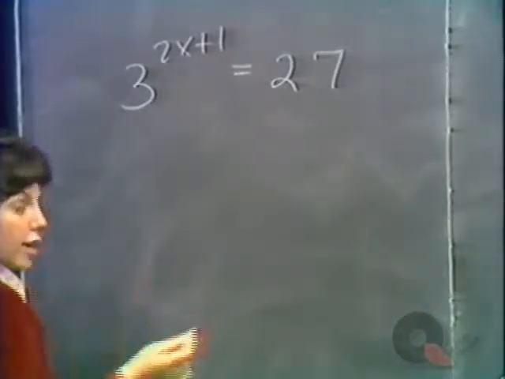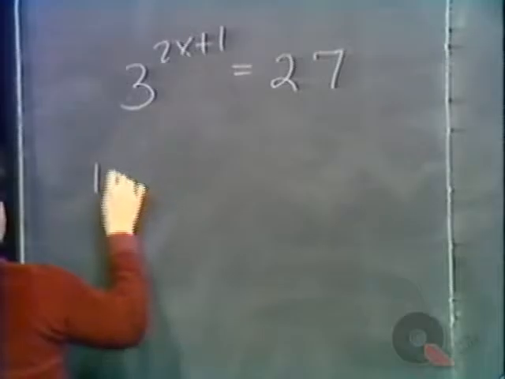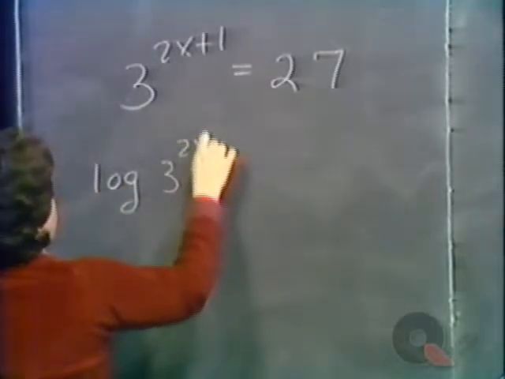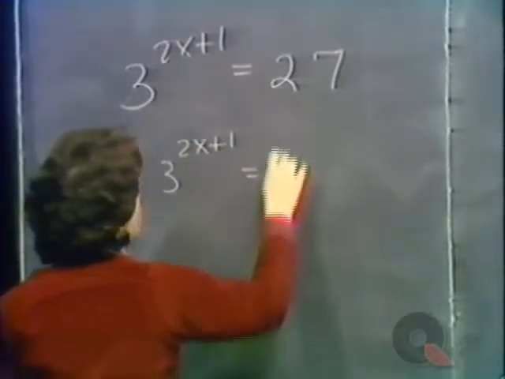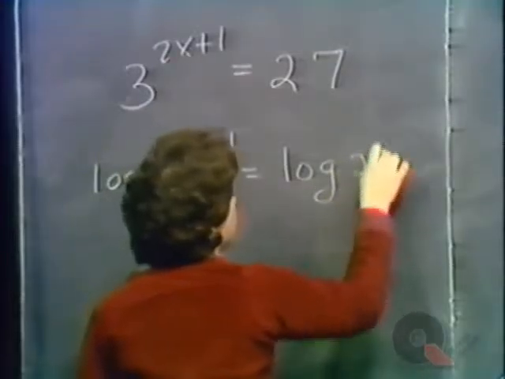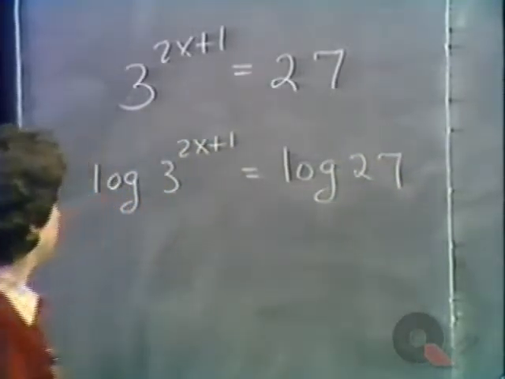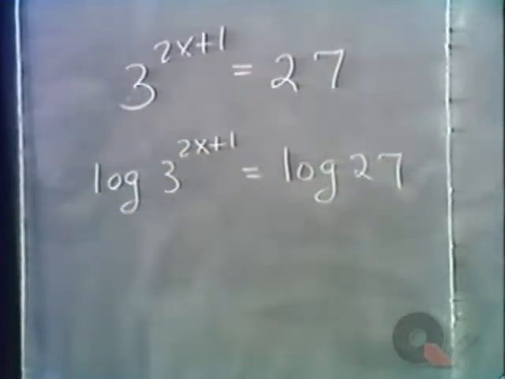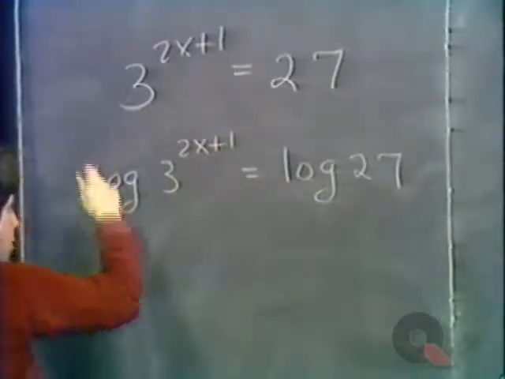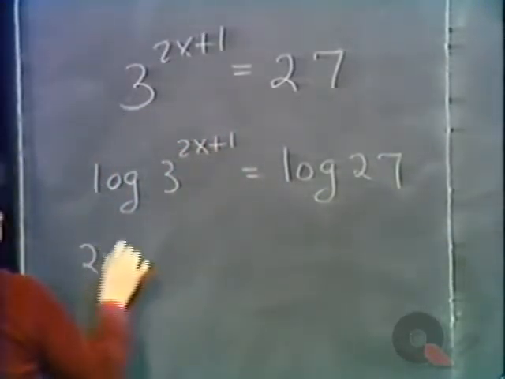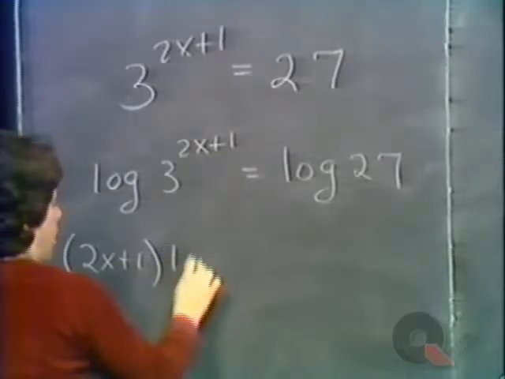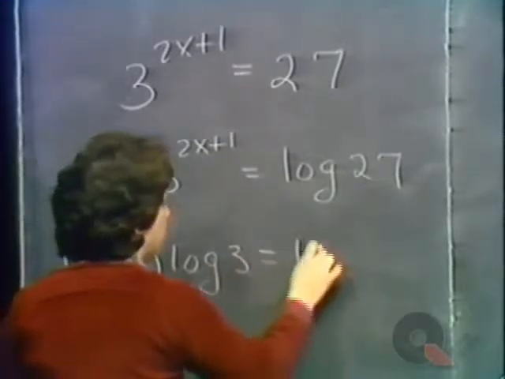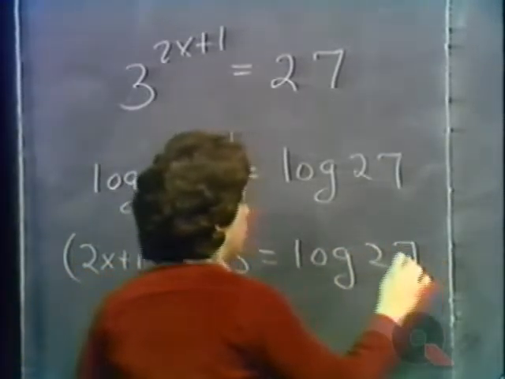Okay, what I'm going to do is take common logs of both sides. The log of 3 to the 2x plus 1 power is the log of 27. This enables me to bring the variable in the power down in front. This becomes 2x plus 1 times the log of 3 is equal to the log of 27.